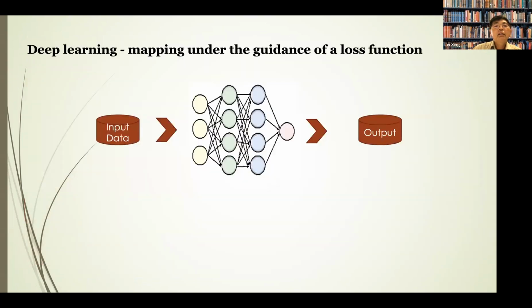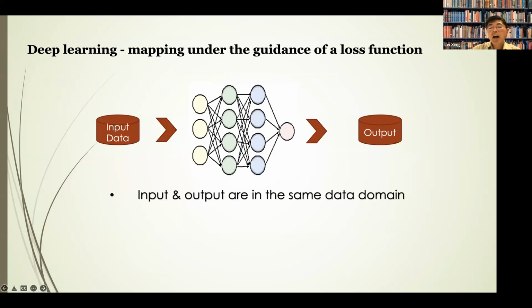Okay, well, deep learning, mathematically, is a very simple concept, right? If you have an input, you go through a neural network that maps the input data to output data. This mathematical mapping can be classified into three categories, depending on the input and output.